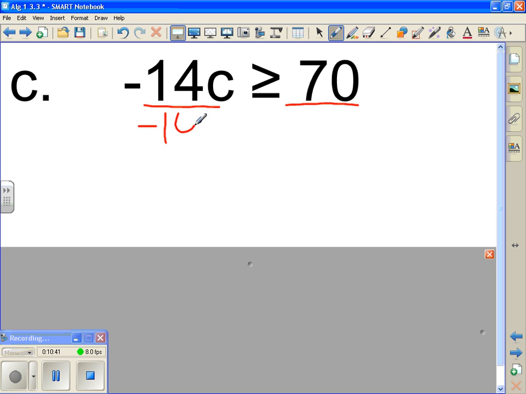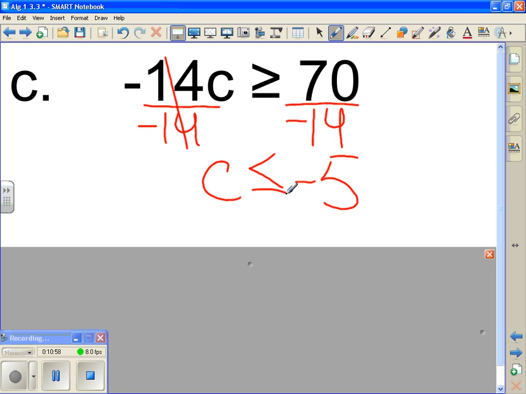Good, negative 14. And what is 70 divided by negative 14? That's right, negative 5. And our greater than or equal to? Good. It switches to less than or equal to because the 14 is negative. That's the number that you divided by on both sides. It was negative.